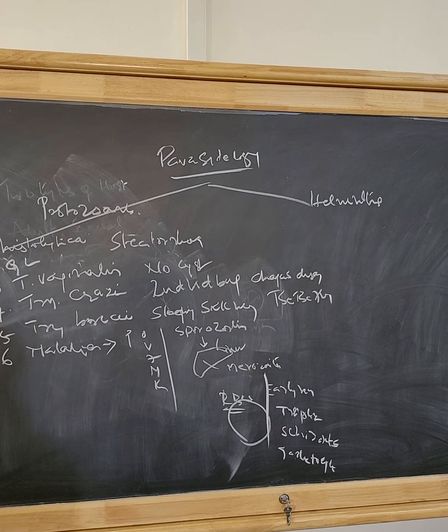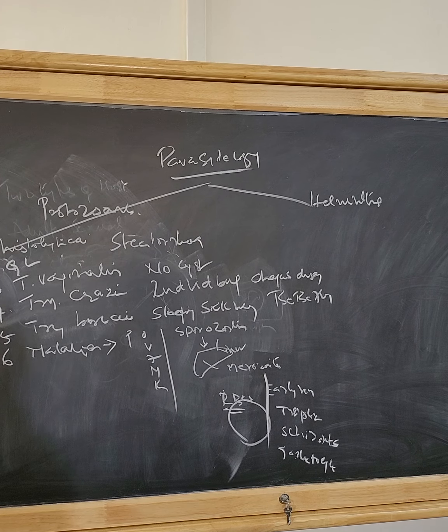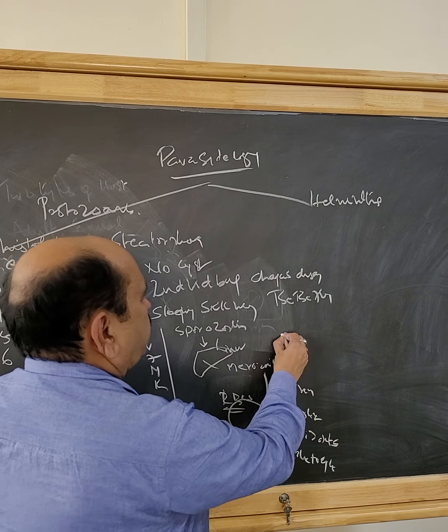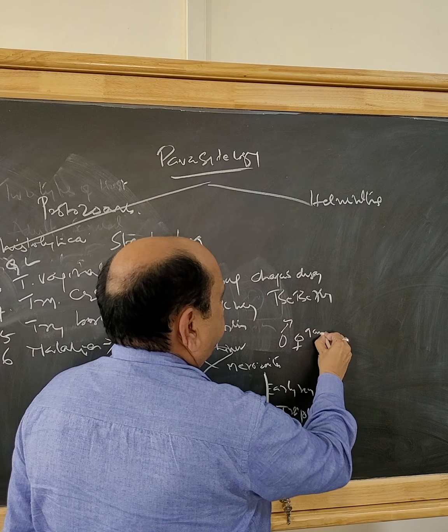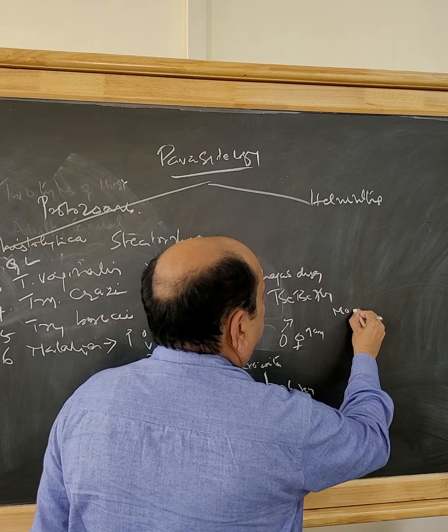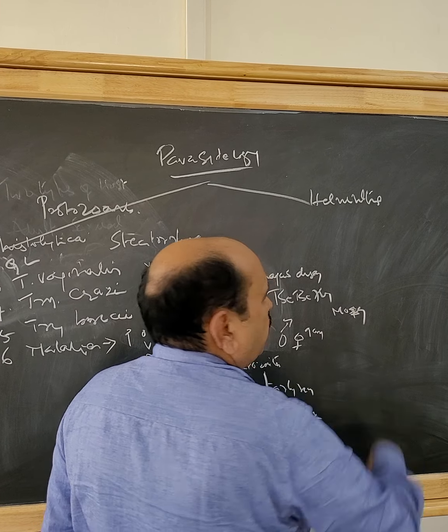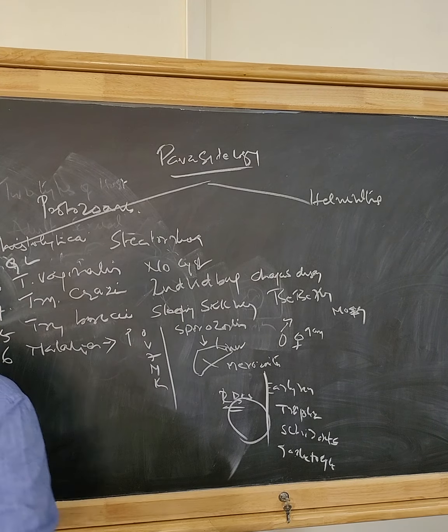Some of them are transformed into male and female gametocytes, which are sucked up by the mosquito. The life cycle in the mosquito: male and female gametocytes unite.